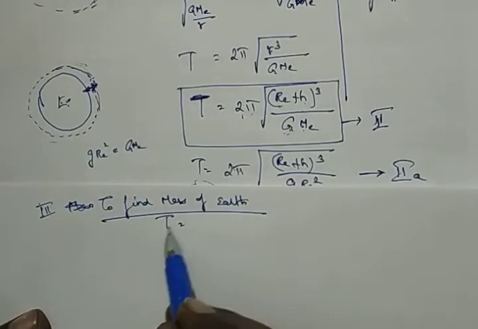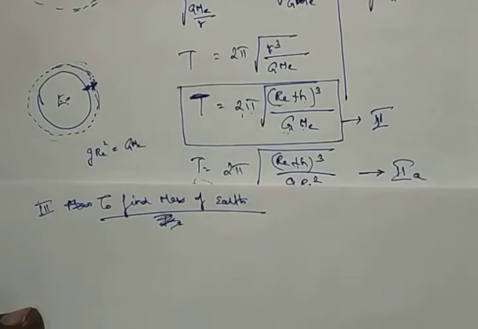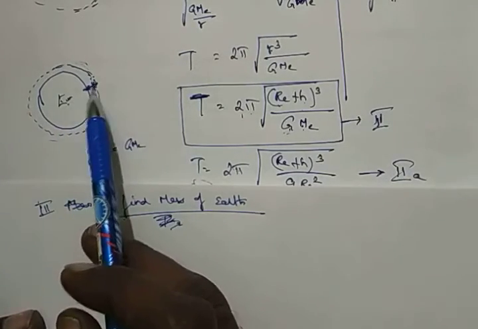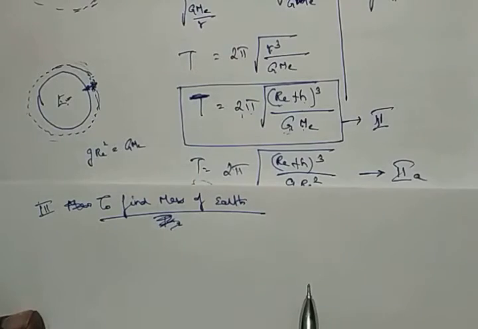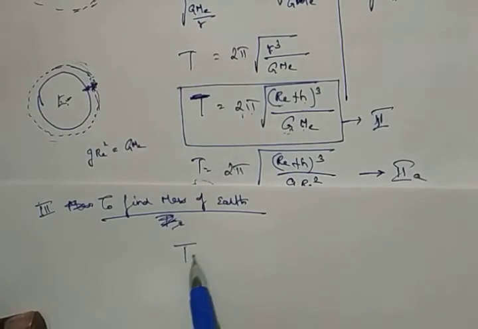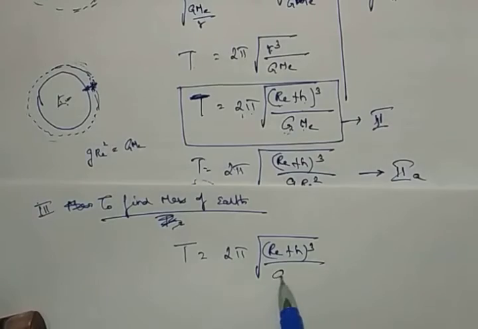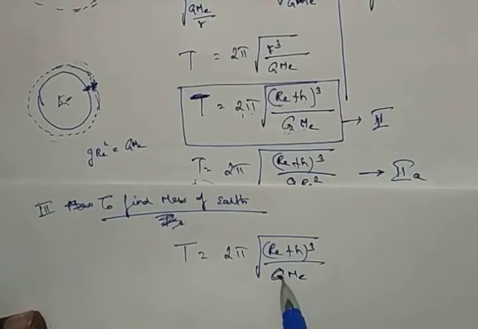How can you find the mass of the Earth? Everybody will say how can you find it? You cannot put it in a physical balance and find out. A satellite which is sent above, it will do that job. Come on, how is it possible? Look at this formula. T is going to be equal to 2 pi into under root of (Re plus H) the whole cube upon G ME.